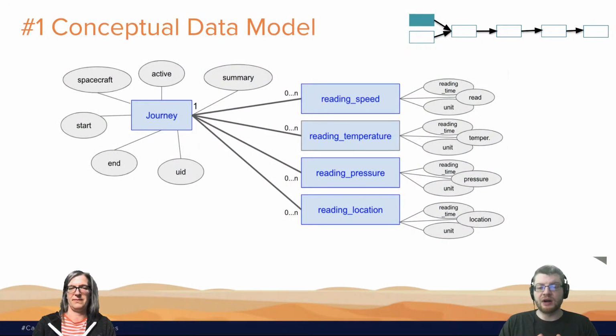We're also going to have all these other things off on the right-hand side. We're going to have these sensors that are all going to be feeding data back. And what we're going to do is put each of those sensor types into its own table. So in this particular case, I think we have one of each kind of sensor. So we're going to have reading speed, reading time, read, unit. All of these things are going to be stored in their own tables, and that's denormalization.